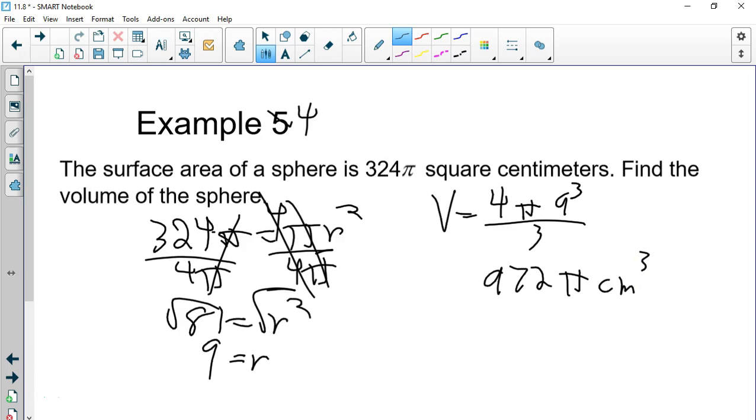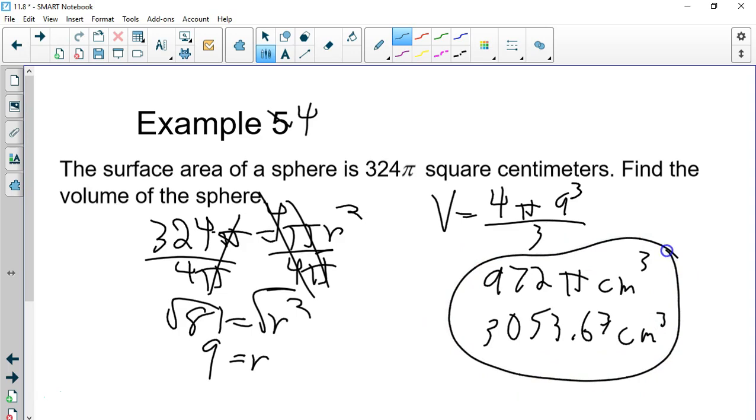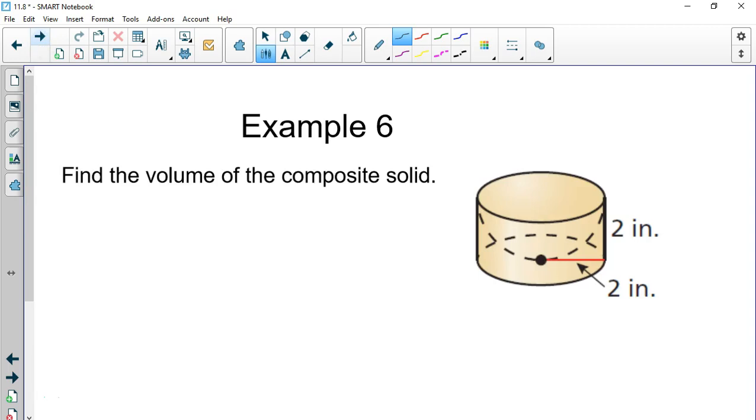Then I'm going to multiply out and get 3,053.63 centimeters cubed. Again, exact answer versus approximate decimal answer, rounded.